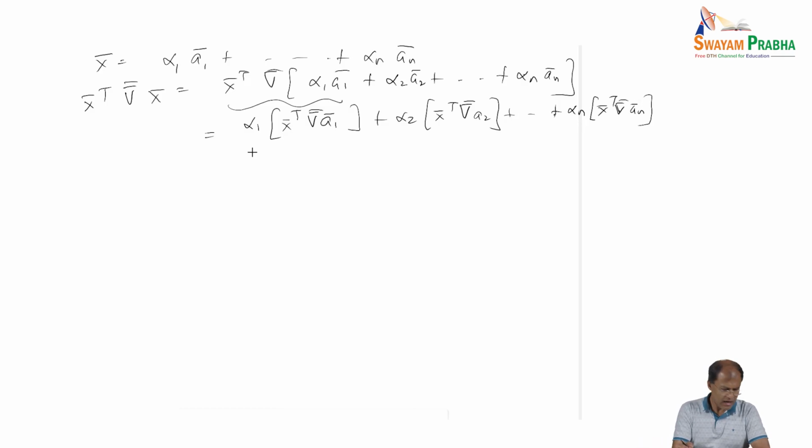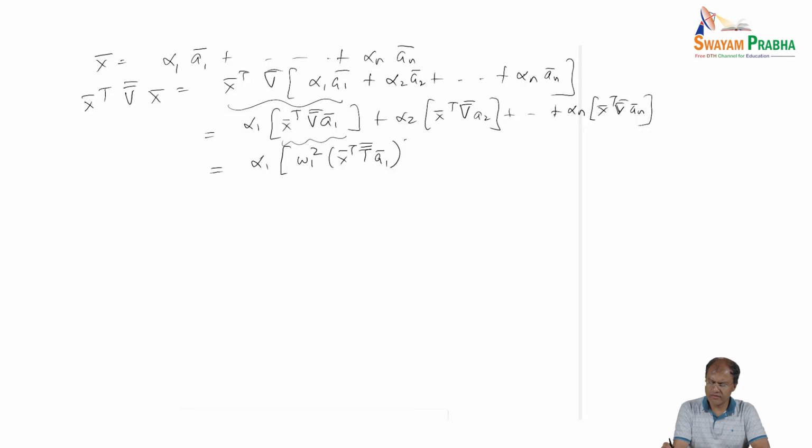And now, using the linear algebra theorem that we had stated, this is also equal to alpha 1 times omega 1 square times x transpose T a1.